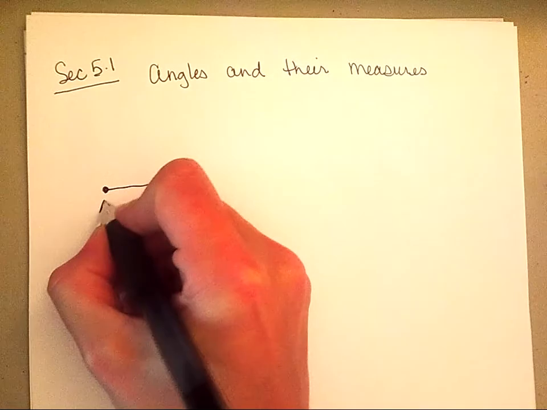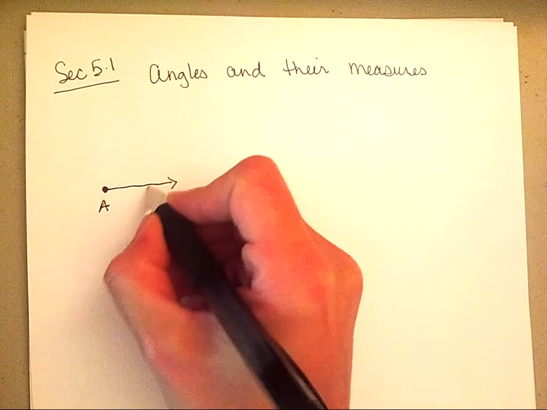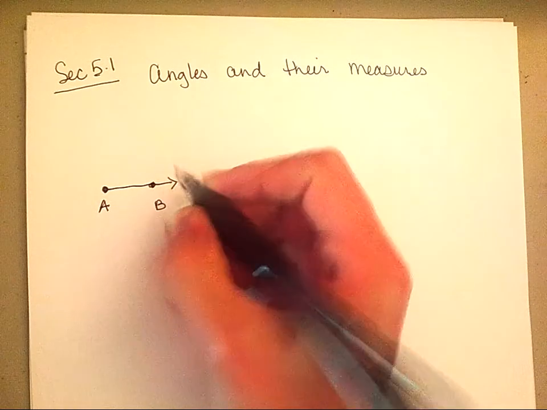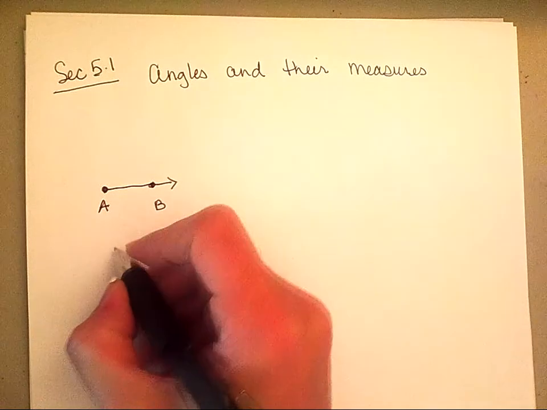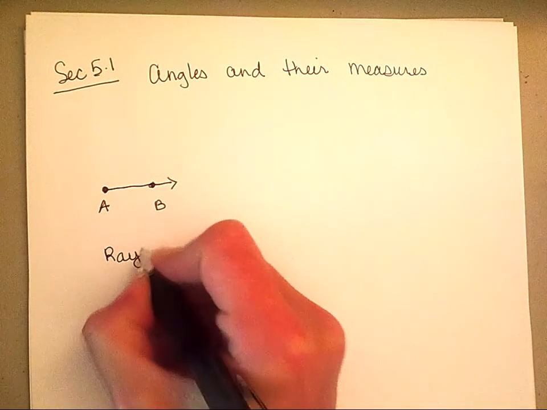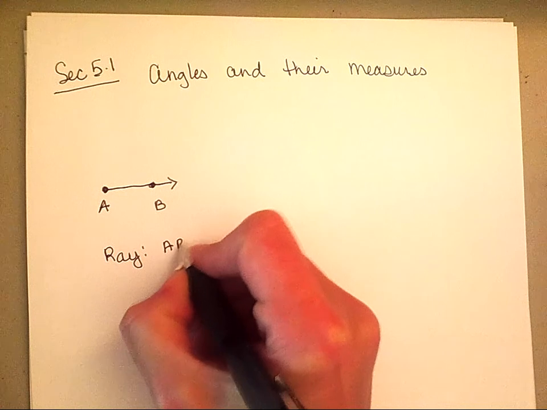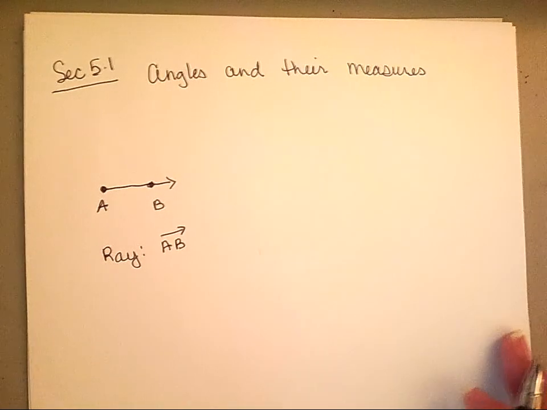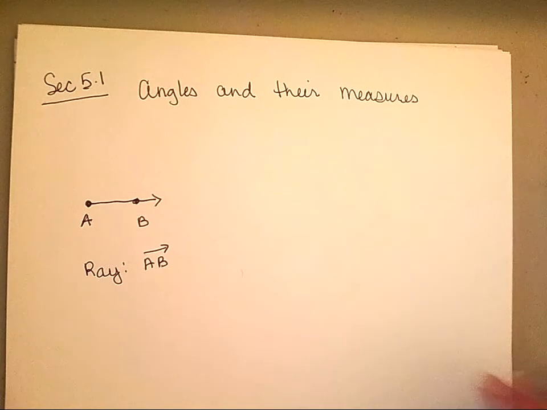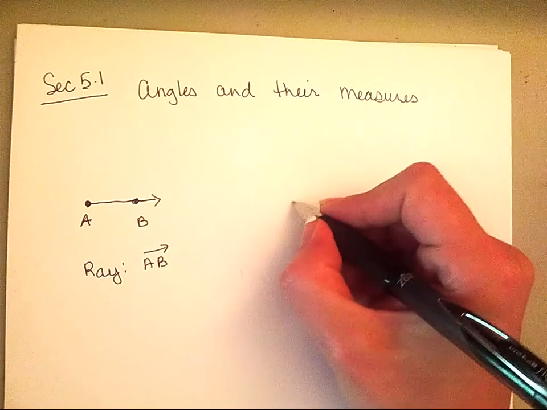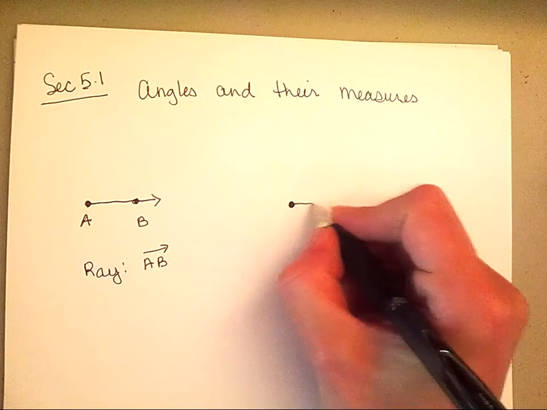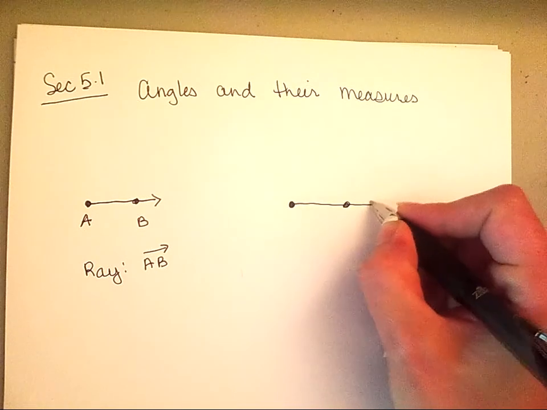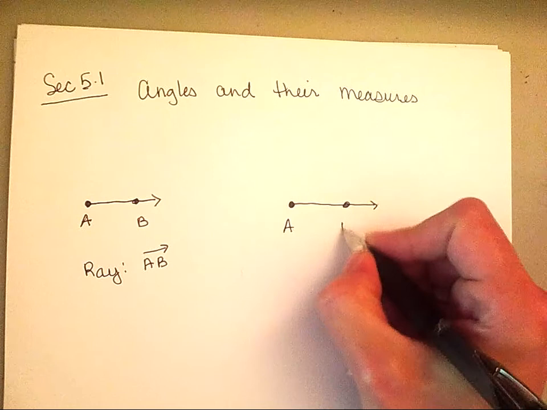Okay. If I had something like this, point A, and I had point B, and I draw the arrow through it, this would be the ray. You can see it's sometimes written like this, AB. Now, on the other hand, here's our same ray, AB.